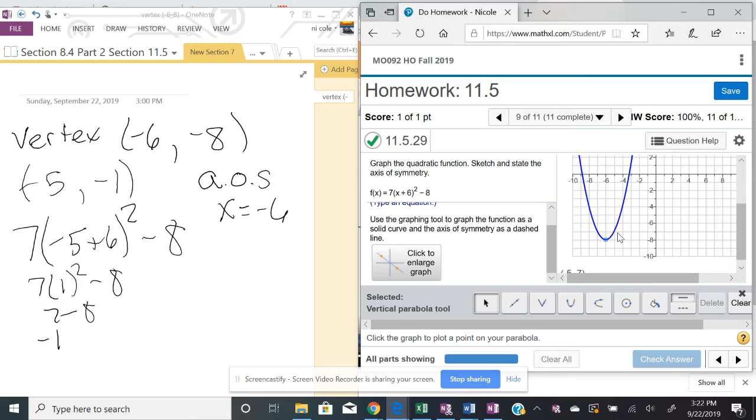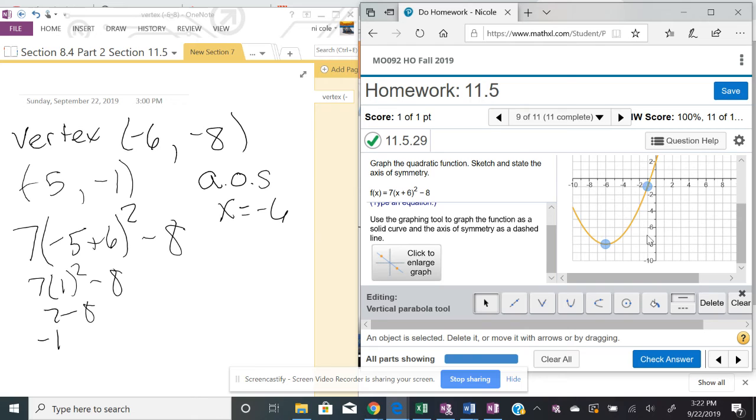Okay, and then I'm going to go to -5, -1. Okay, so that's part of it, but don't forget we have to graph our axis of symmetry, so I'm going to come in, do that. But look, I accidentally forgot to make it a dash line. So long as it's highlighted, I can go over here, hit the dash line, and that should be good.